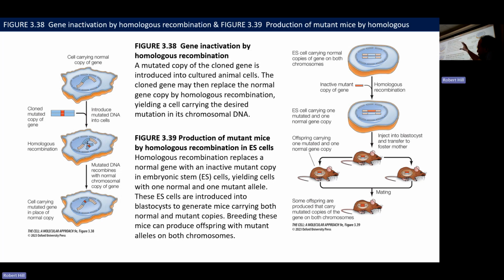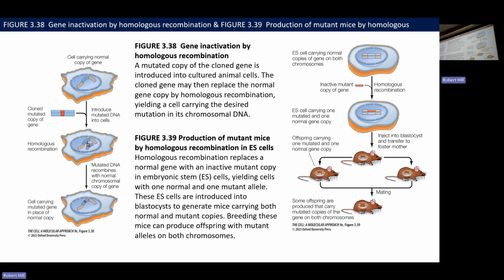That DNA gets in the nucleus, and then through a very rare event, it ends up getting incorporated into the DNA. So you've used homologous recombination to replace a particular gene with your mutant form that doesn't work. That's a good way to produce a knockout clone.